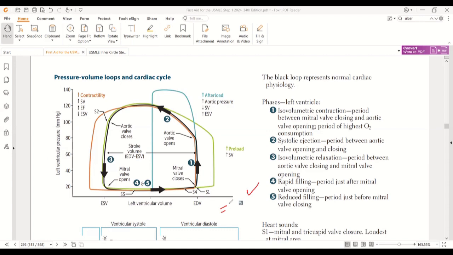If you're giving the IV fluid, what will increase? Preload. The preload will increase, so your end diastolic volume will go up.